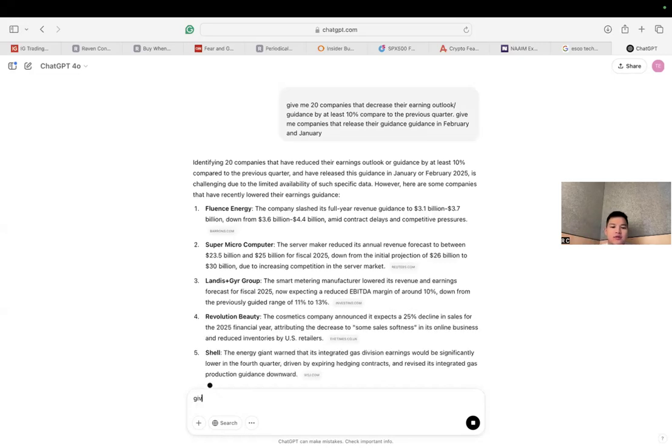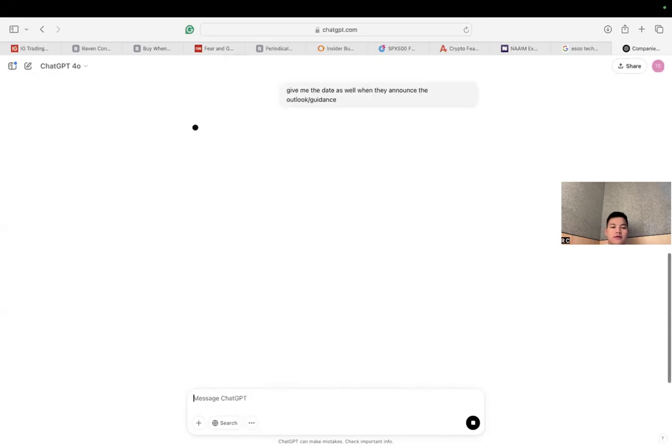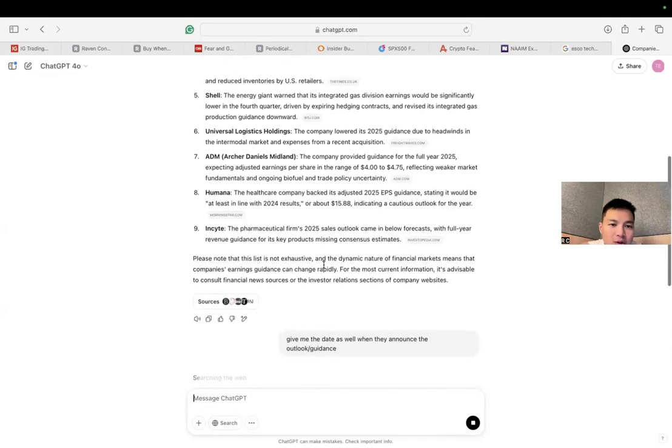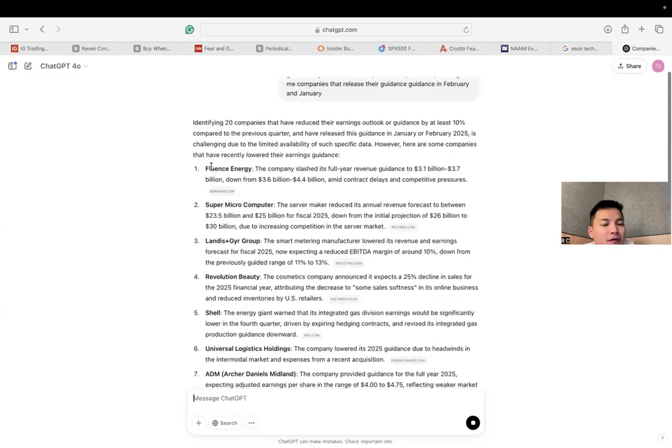Give me the dates as well, when they announce the outlook for guidance. So you can straight away start. Florence Energy, full year guidance.